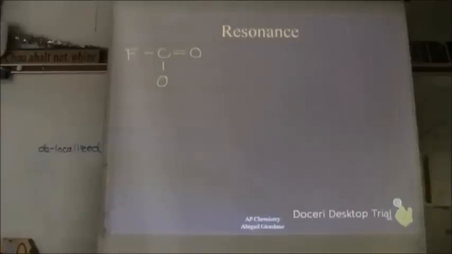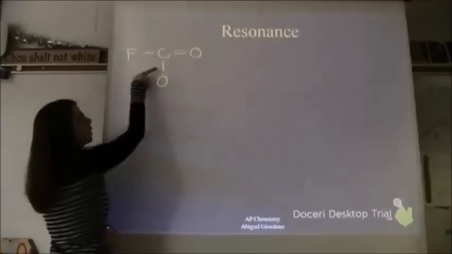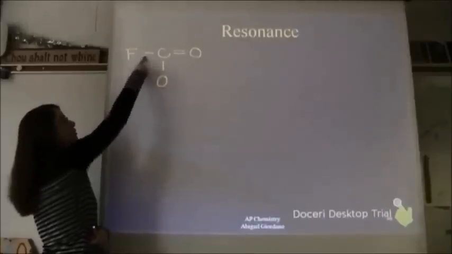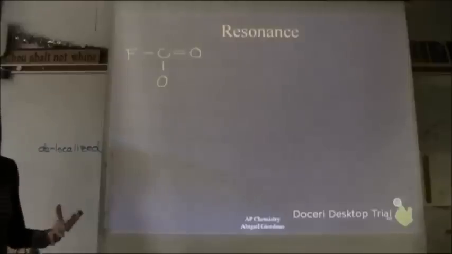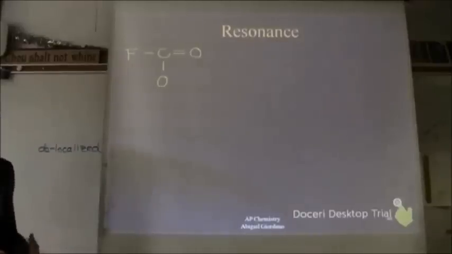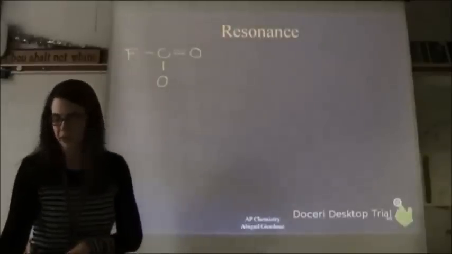Yes. How many resonance structures does it have? Two. I could have the double bond there or there. If I move the double bond over here, then I'm changing too many things there. That's not a resonance structure. So this would have two resonance structures.